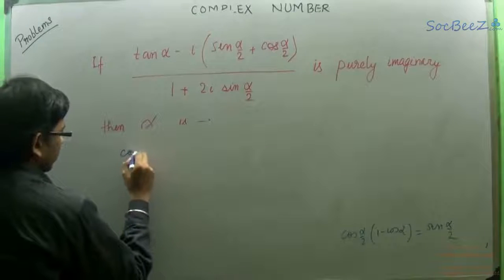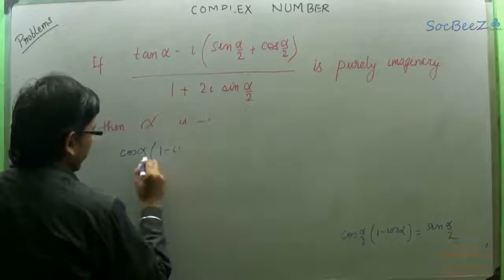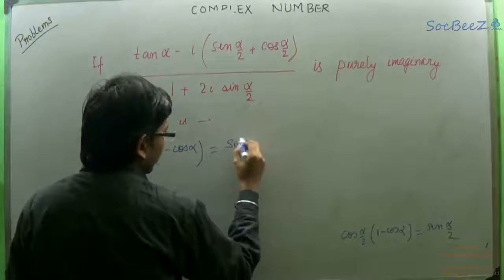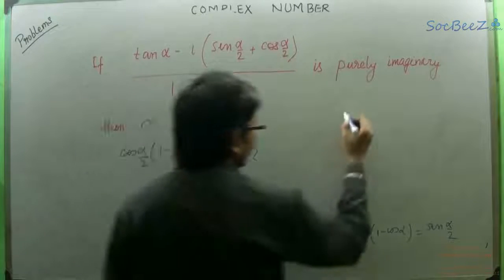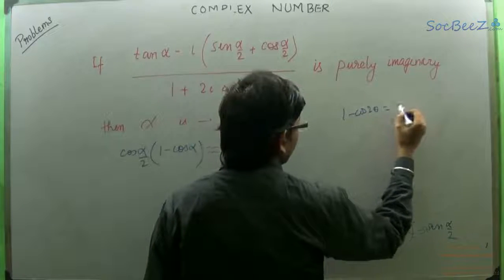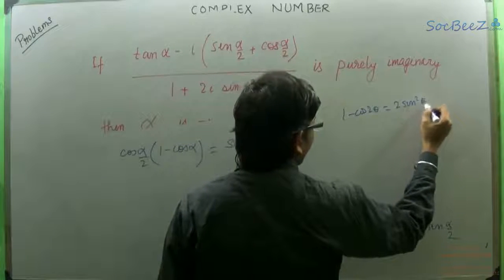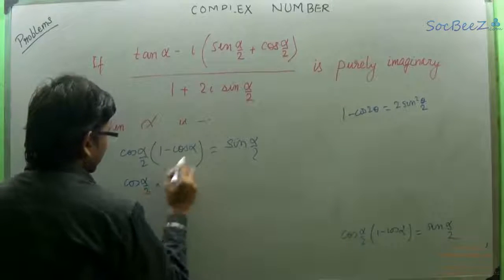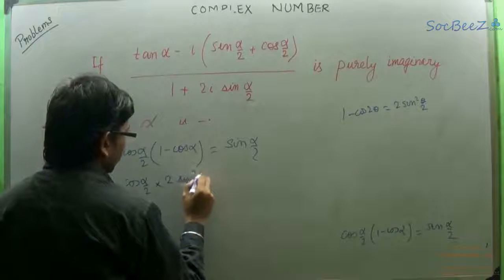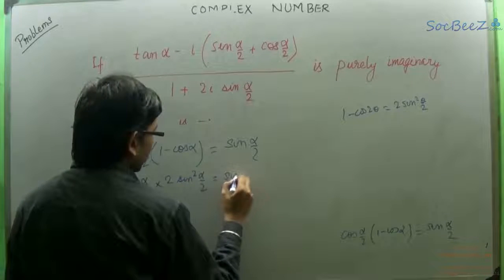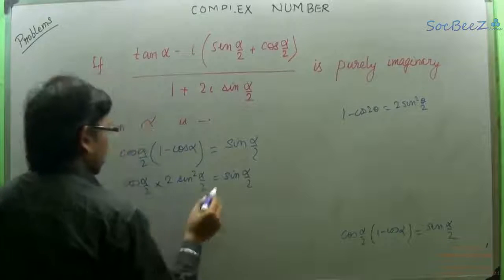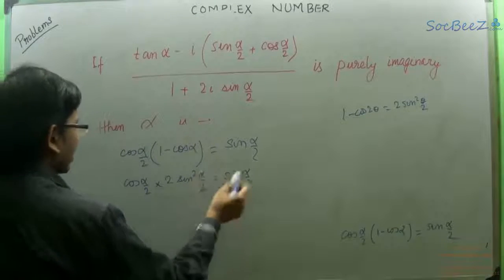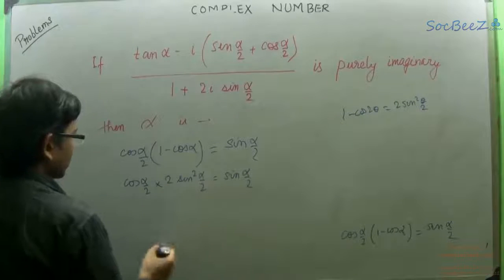Again, from the expression 1 minus cos 2 theta is equal to 2 sin square theta, we have cos alpha by 2 and this is 2 sin square alpha by 2 is equal to cos alpha times sin alpha by 2. That means again sin alpha by 2 and sin alpha by 2 are cancelled.